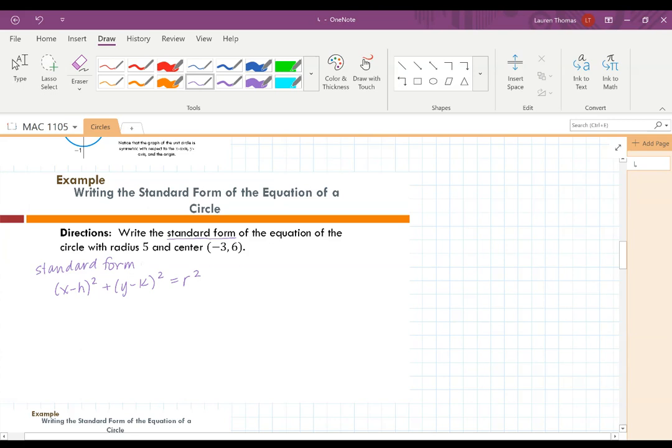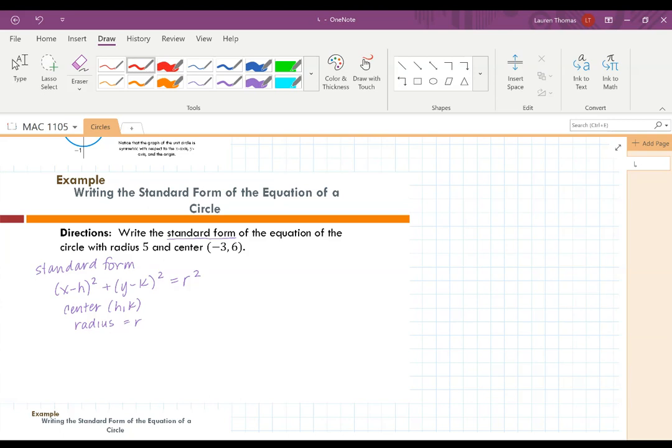Remember, they told us if we're in standard form, the center is (h, k) and the radius is equal to r. So as we look through the prompt, we need to figure out, did they give us any of that information?